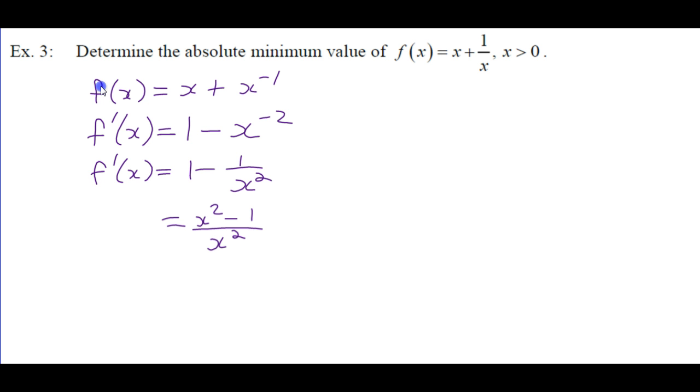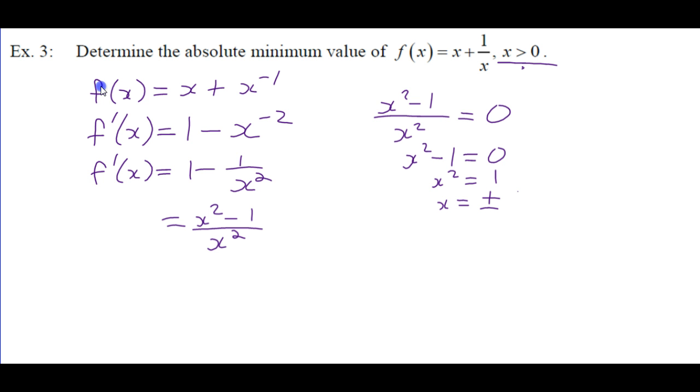So x squared is 1, and x is plus or minus 1. But we want x greater than 0, so x equals 1. That's all we're going to look at.